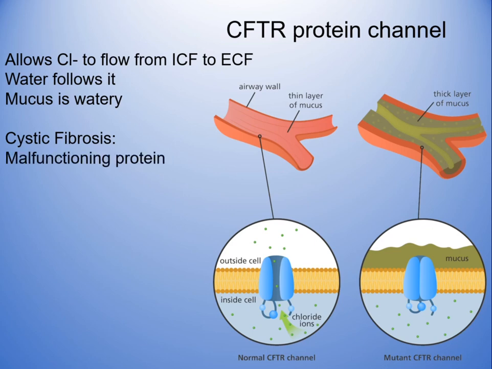So this protein as a channel doesn't do its job, no chloride ions, no water, and therefore the mucus that collects on the inside of the trachea, bronchi, and lungs becomes very thick. It doesn't have a lot of flow to it because it's not watery. And these are the conditions of cystic fibrosis, which is a thick layer of non-flowable mucus lining the mucous membranes.